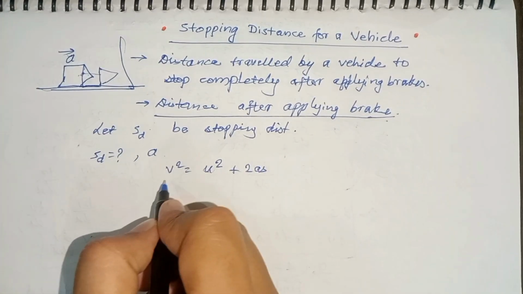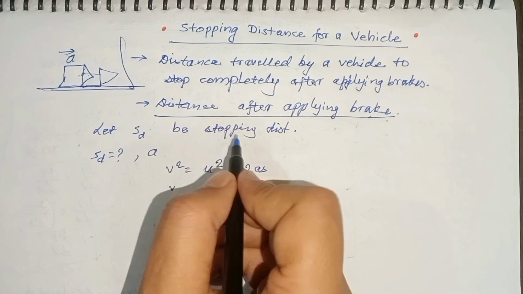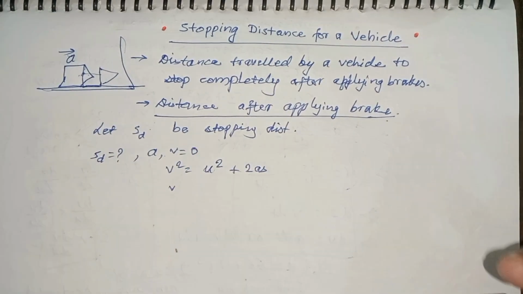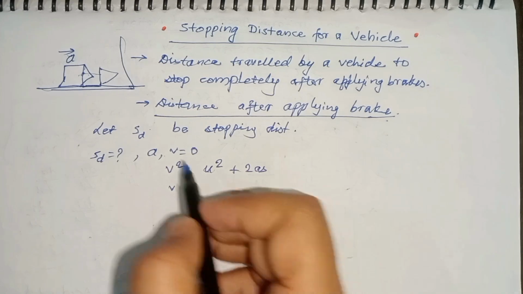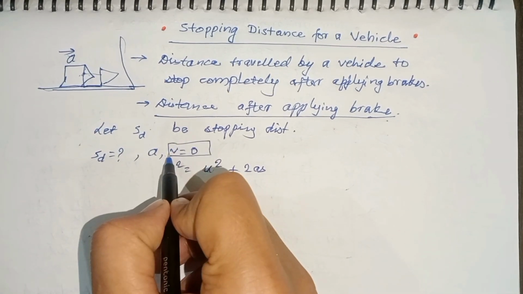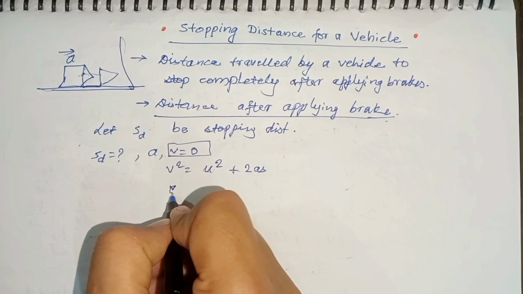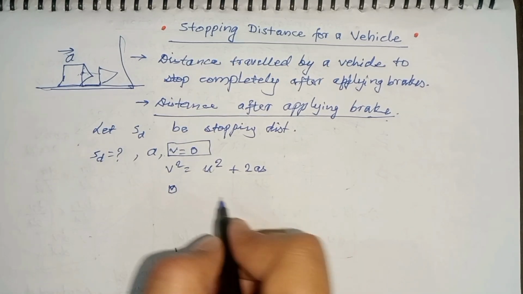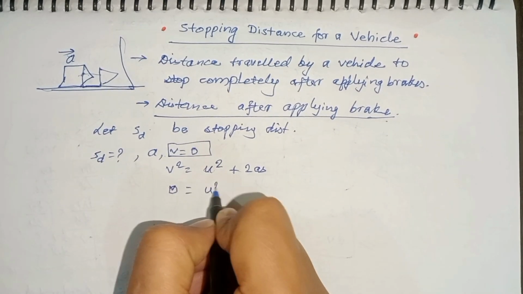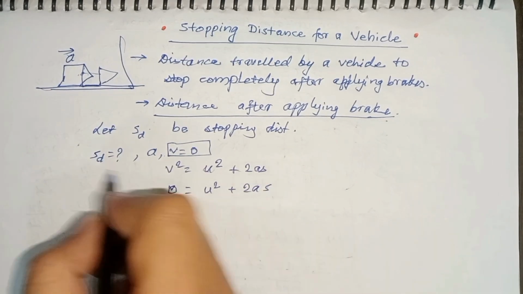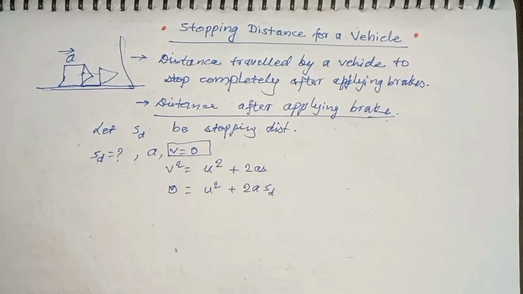Here the final velocity must be 0, because the vehicle has finally stopped. So v square will be 0, and initially it may have some value u, plus 2a. In place of s we put SD, the stopping distance.